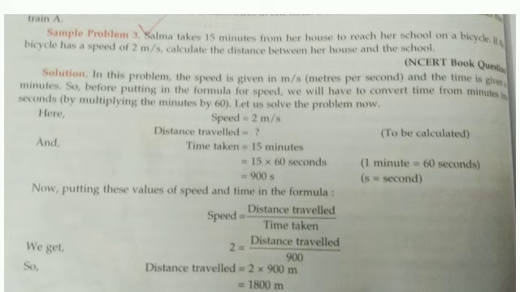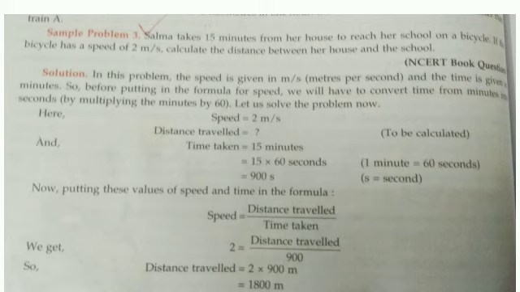Now putting in the values of speed and time. Speed is equal to distance by time. Our speed is 2 meters per second, and the time taken is 900 seconds. Distance we have to find.